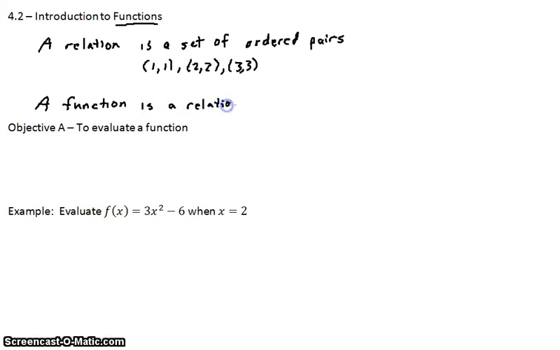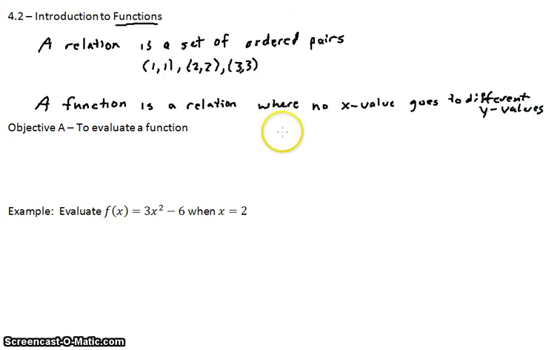It is a relation where, and I'm going to say this two different ways, no x value goes to different y values. Okay? So if something's going to be a function, what that means is just basically no x value can be repeated.